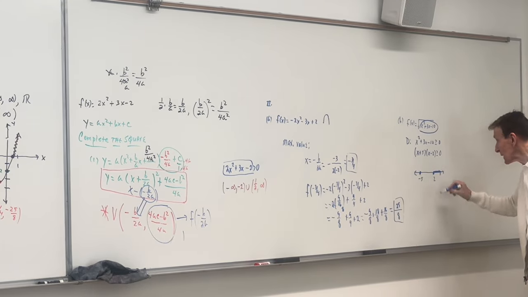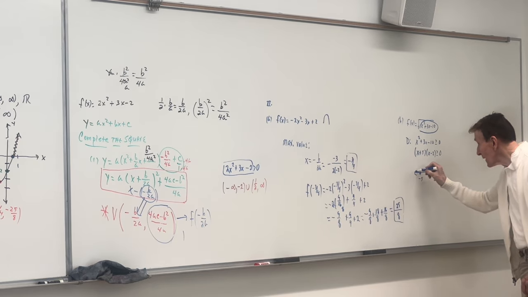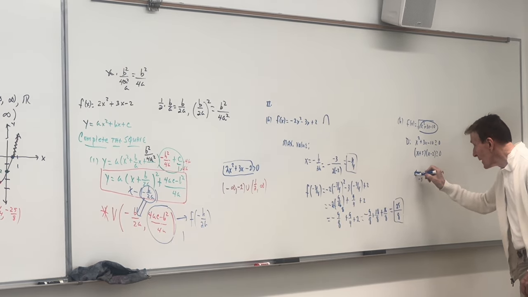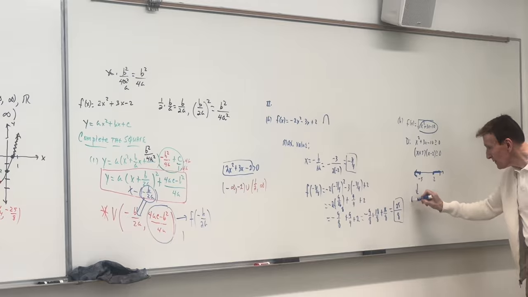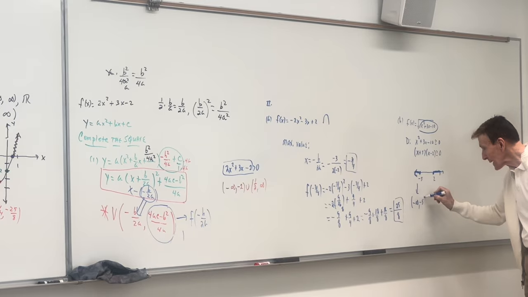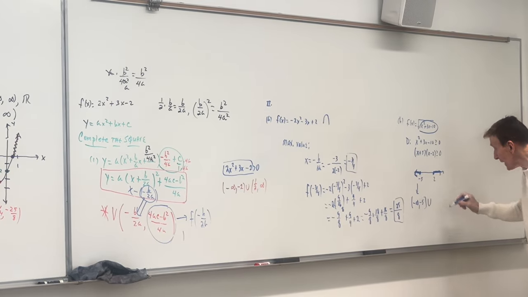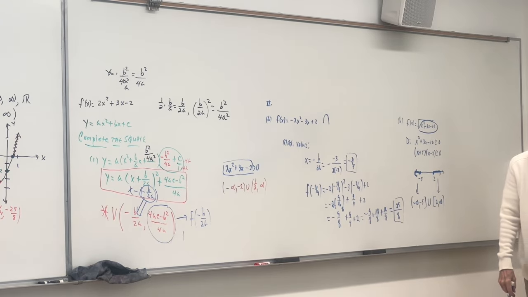Out here's gonna work. And there's sign analysis, therefore this answer is negative infinity up to -5, bracket. Union, and this one says, bracket, 2 through infinity. You're done. Finished.